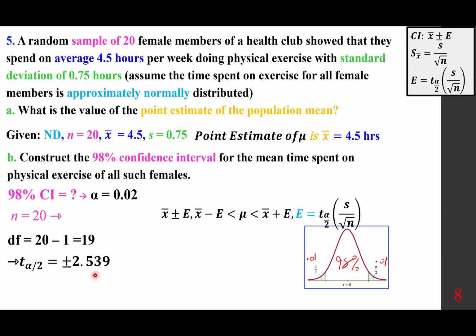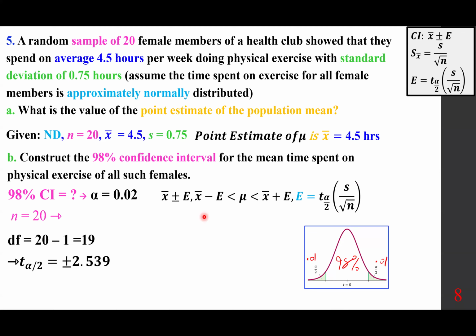X bar plus minus E, where E is T alpha over 2 times S over square root of N. The first thing we need to calculate is the E, and we have everything. This is 2.539, S is 0.75, square root of N is 20. Plug in, do the math, and now there are two ways to report it. This is one way, if they ask you to report it in this format.